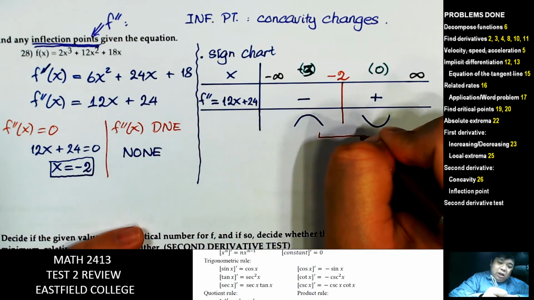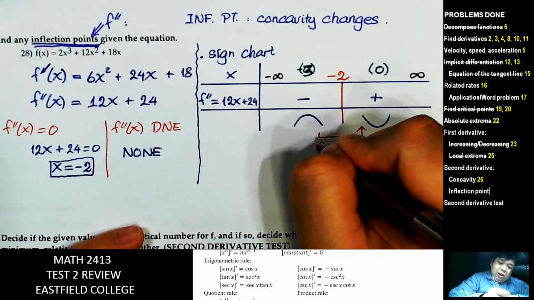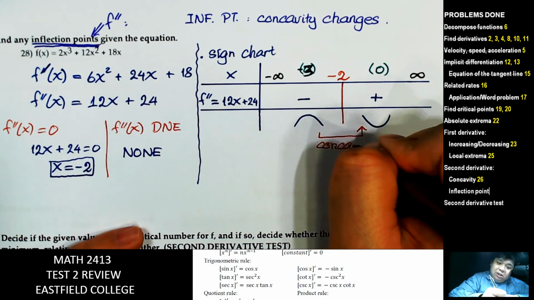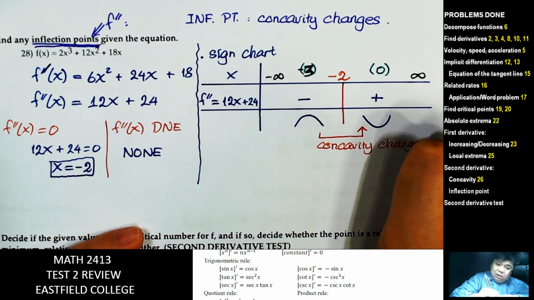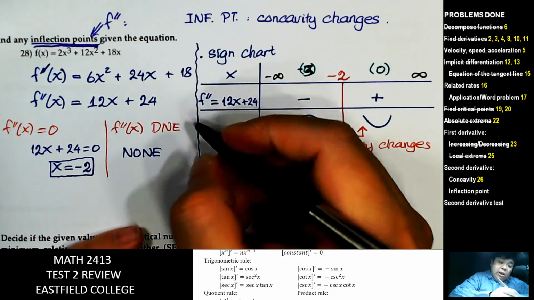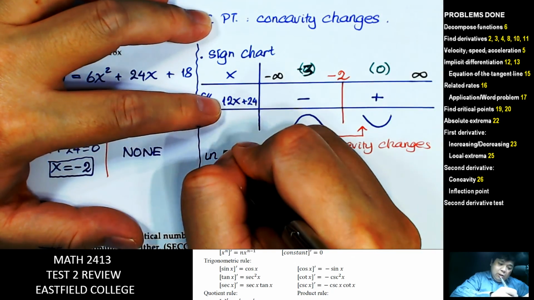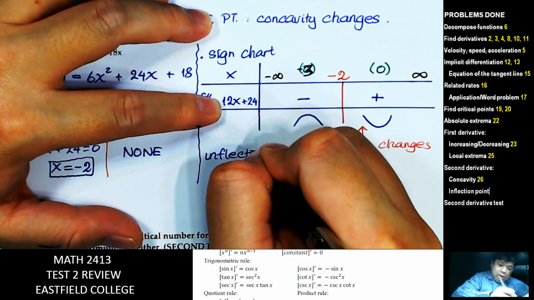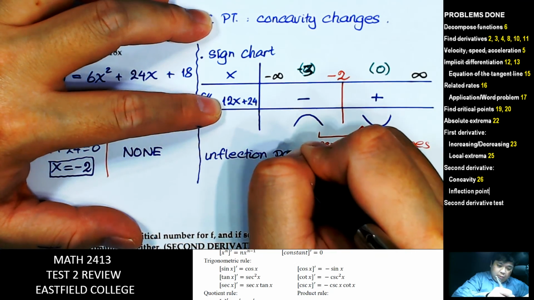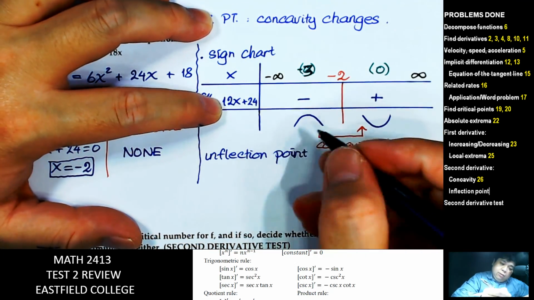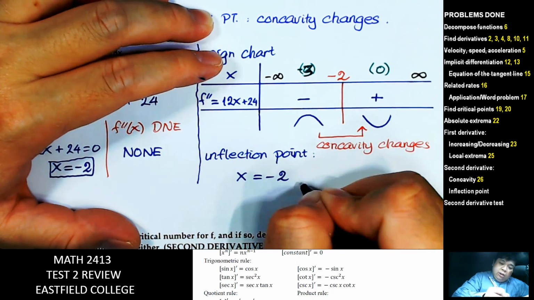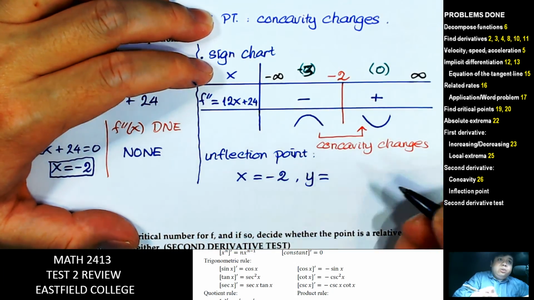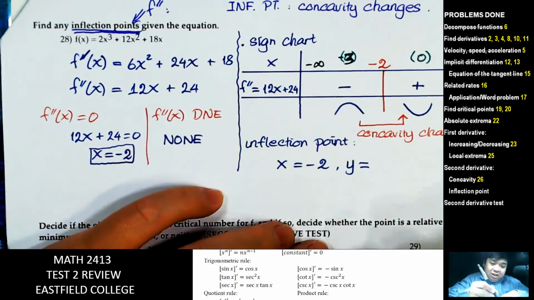So from here to there, concavity changes. So we say inflection point at x equal to -2 and y equal to, we still don't know that.